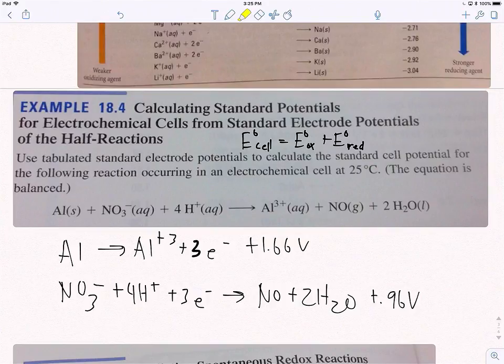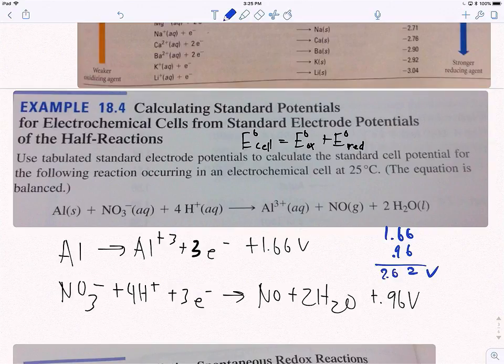That's why it's plus 1.66, not minus 1.66, because this is the oxidation potential. The charts are all reduction potentials, so it's this direction. Since we're going this way, we have to flip the sign. And then you just add these together. So that's just 1.66 plus 0.96.